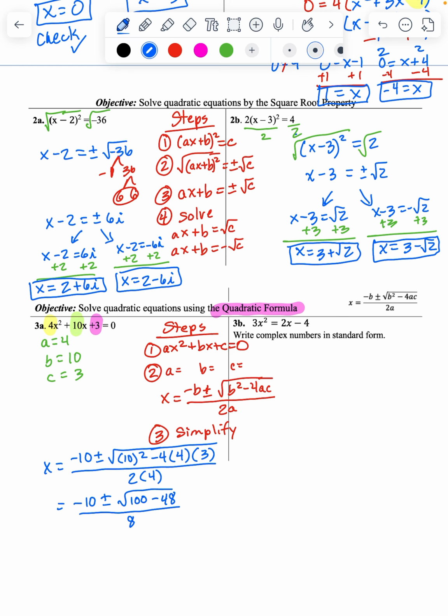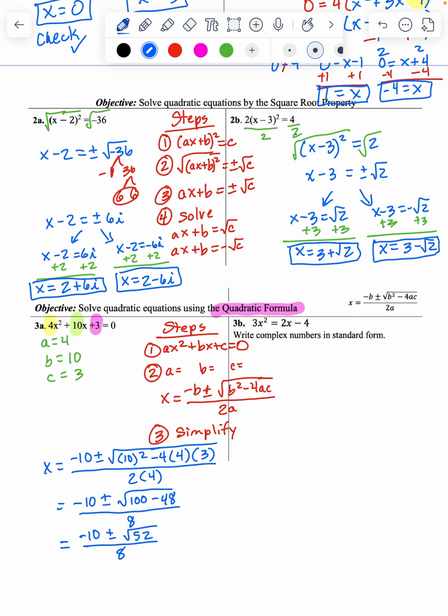And all of that is over 2 times 4, which is 8. We need to do the subtraction inside the square root before we do anything else. 100 minus 48 is going to be 52. And we need to simplify that square root if we can.